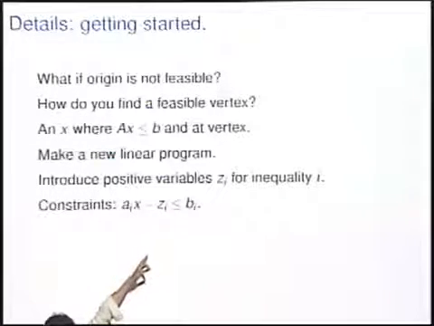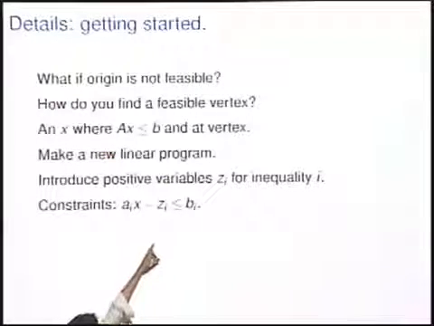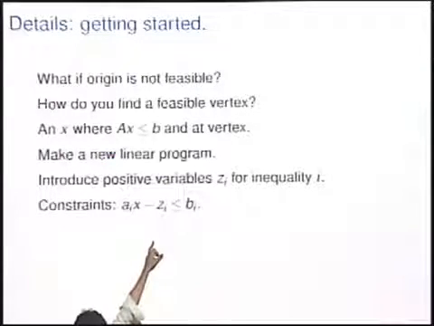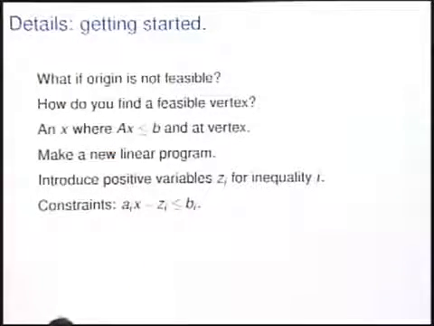If I set x to be all zeros and z_i to be all b_i's, or negative b_i's, now these equations are definitely satisfied. Okay? So with these positive variables, I can satisfy the equation. Now I want to maximize the sum of the negative z_i's.